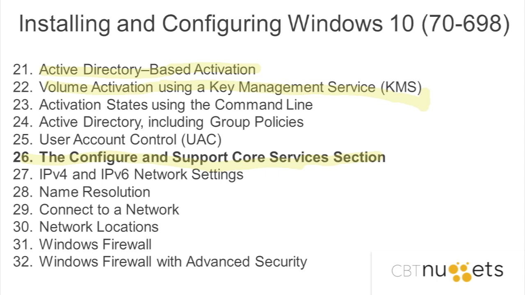And then we start the second grouping. It's the Configure and Support Core Services section. So as you might guess, we need to configure IPv4 and IPv6, name resolution. We need to connect to networks. I'll teach you how to set up the new network locations feature, and we'll do Windows Firewall, both Windows Firewall and the advanced Windows Firewall.